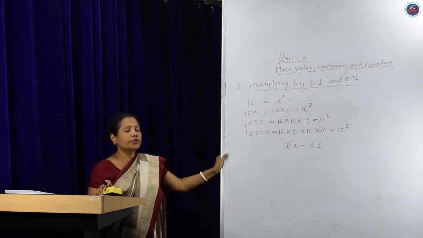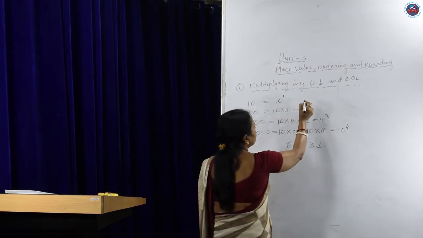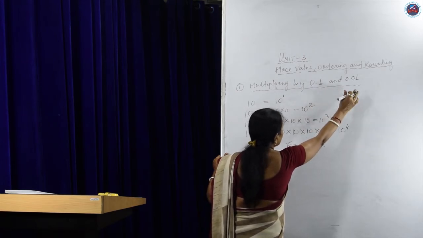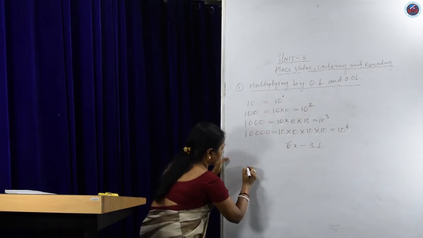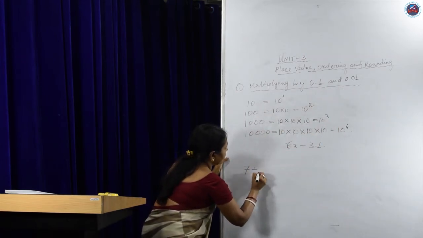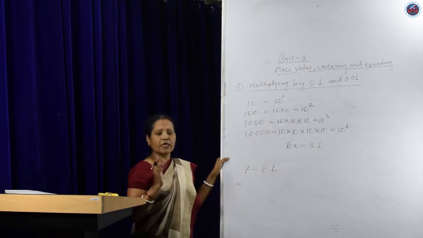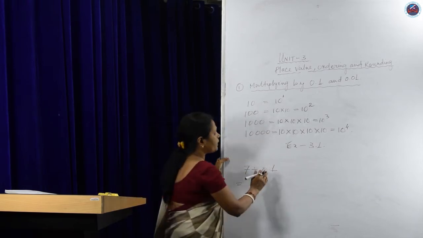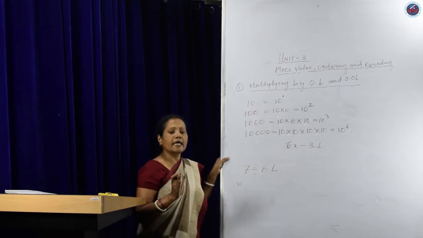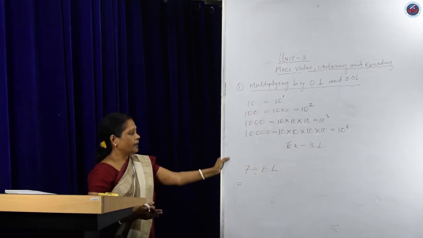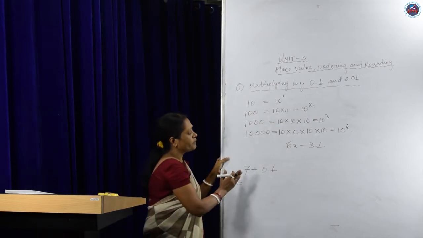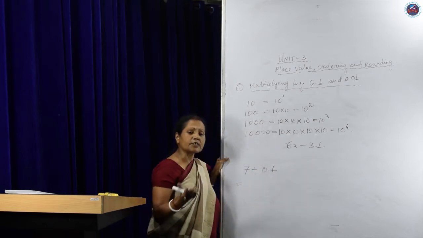Now come to division. How to divide a number by 0.1 and 0.01. For example, 7 divided by 0.1. In the case of multiplication, I told you that multiplying by 0.1 is the same as dividing by 10. But when you divide a number by 0.1, it's just the opposite.